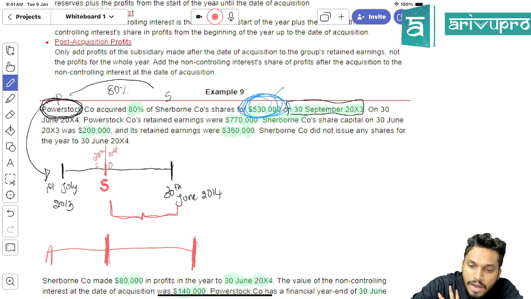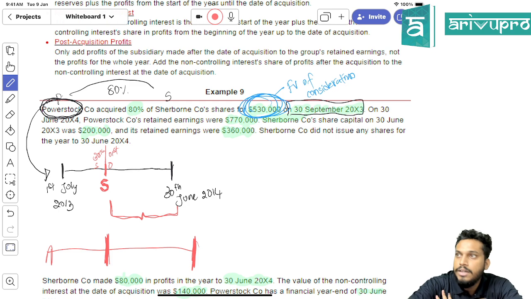So this is your fair value of consideration. Did you understand that? Because they are telling that Power Stock Company acquired 80% of S Company shares for 530,000.